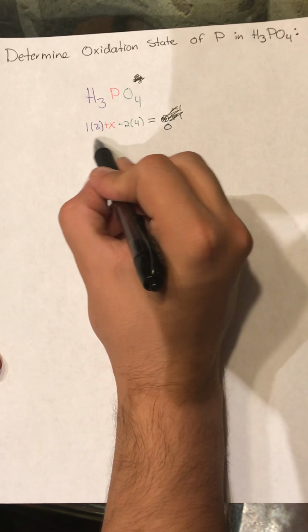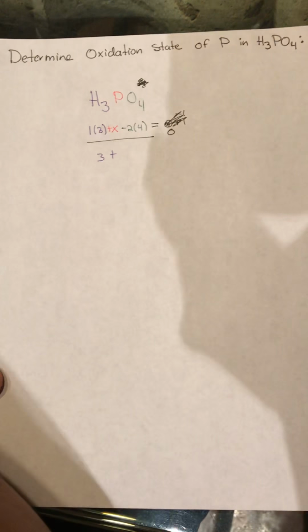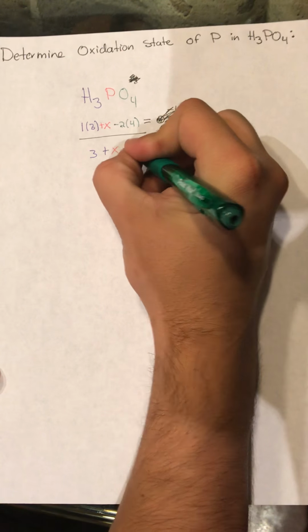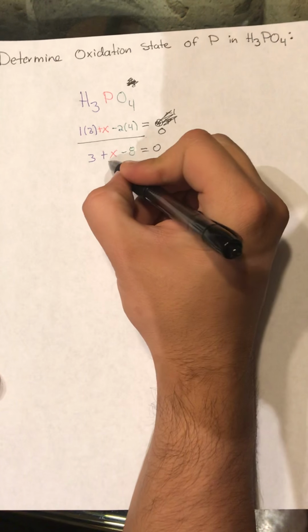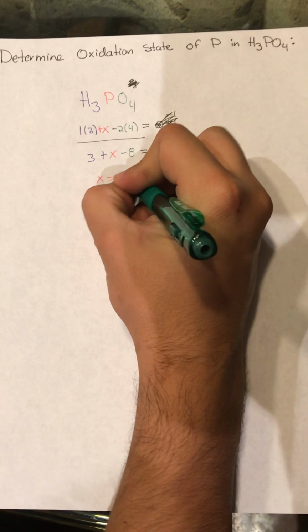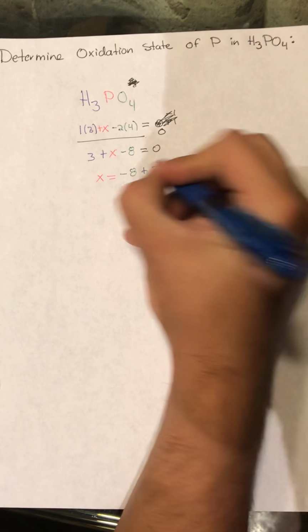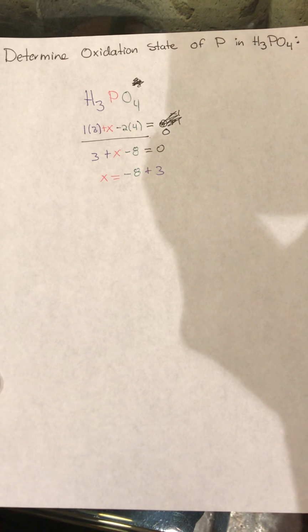Now that we have our formula like a math problem, let's simply solve for x. So 1 times 3 comes out to be 3, plus x, and then -2 times 4 comes out to be -8. And we have 0, so let's send the x to the other side, which is going to be x equals -8 plus 3, and we'll simply solve those.